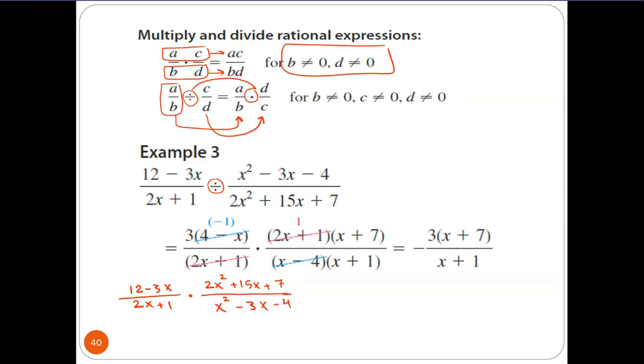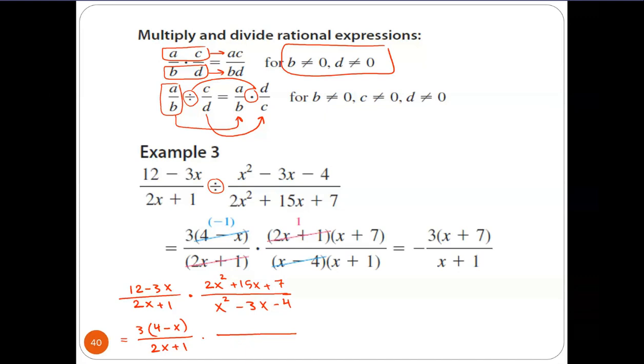Like this. Now we need to factor everything. We take 3 as common factor, so we have 3 times 4 minus x over 2x plus 1.